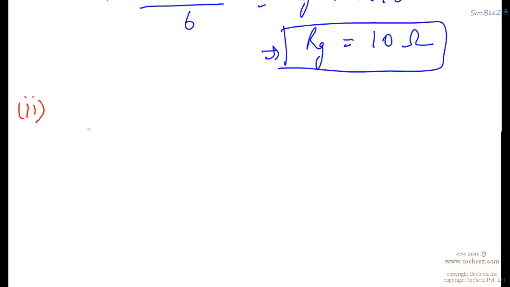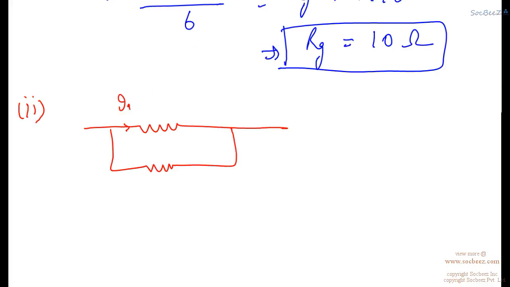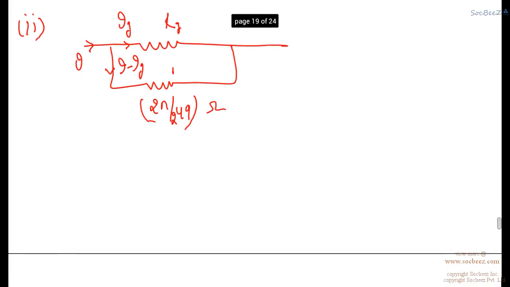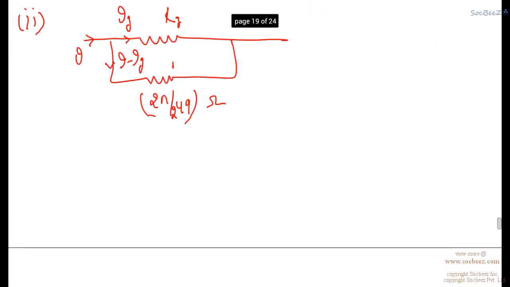Now the second part, in case of the second part, the circuit looks something like this. This is Ig, this is I, this is I minus Ig, this is Rg, and this is 2n upon 249 ohm.